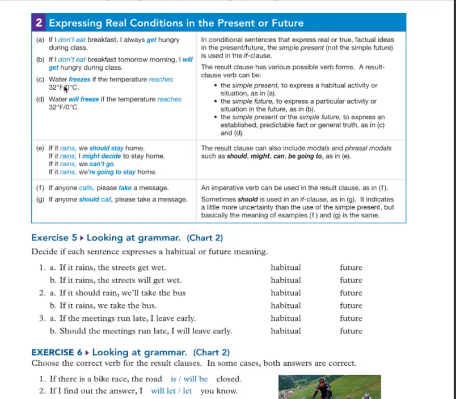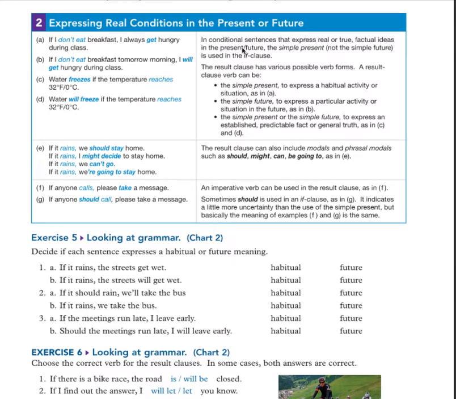C, water freezes if the temperature reaches 32 degrees Fahrenheit. And D, water will freeze if the temperature reaches 32 degrees Fahrenheit. Okay? So when you're expressing real conditions in the present or future, let's look at the explanation.